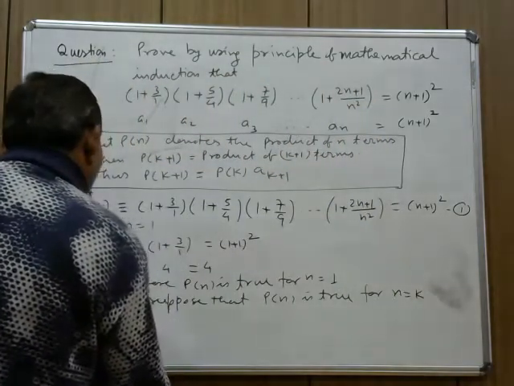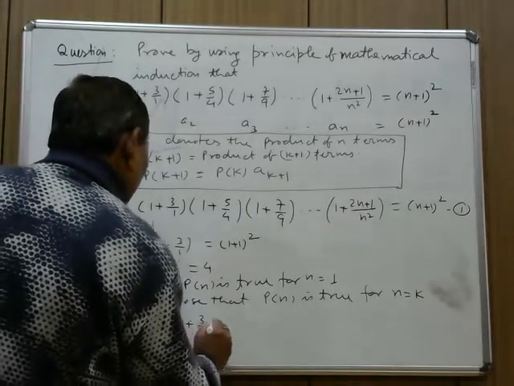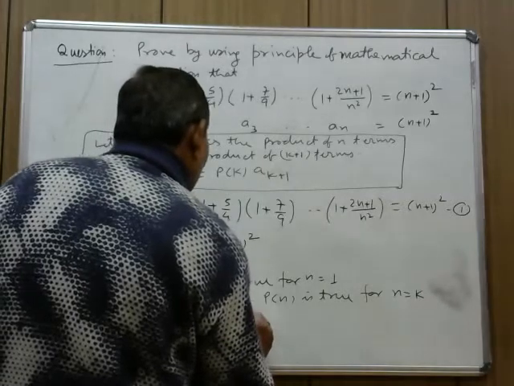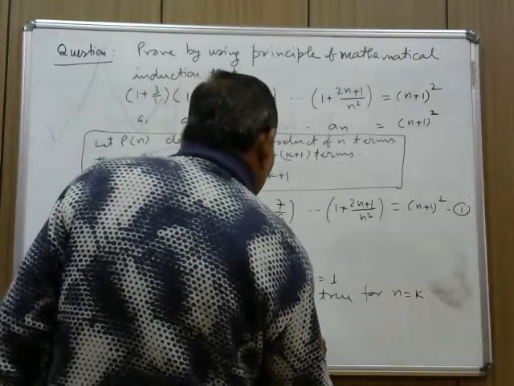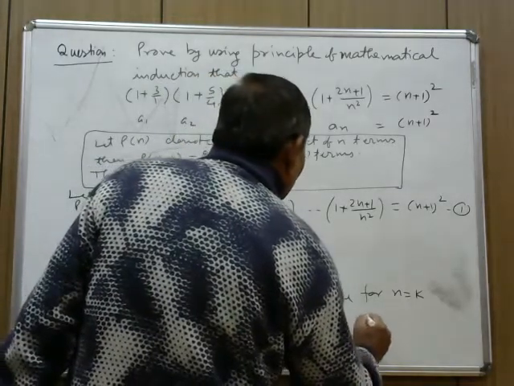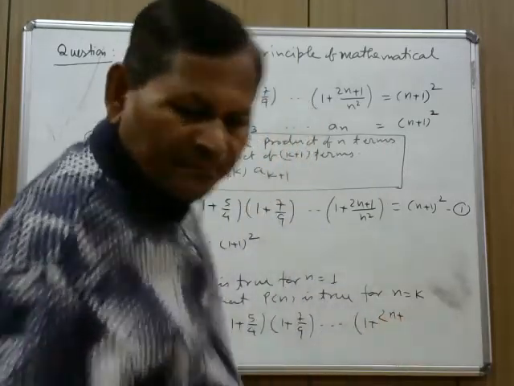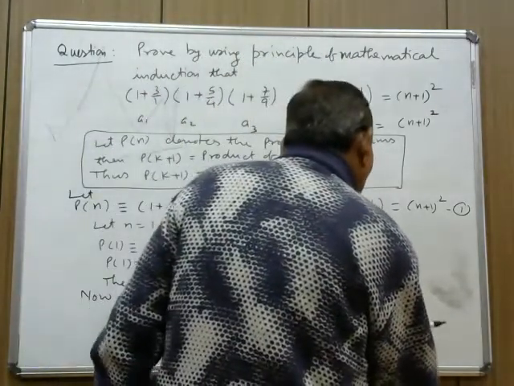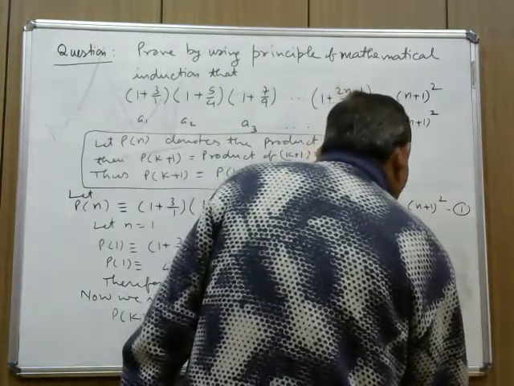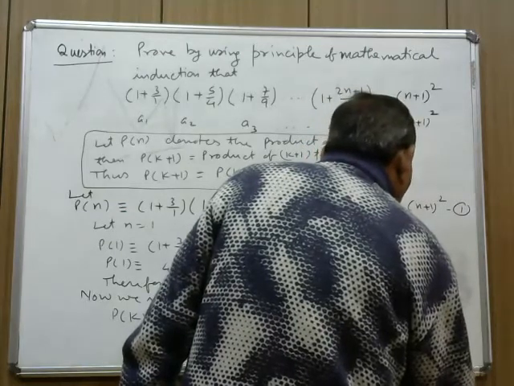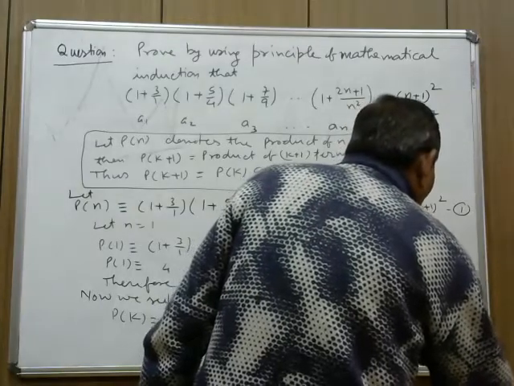You can write P of k as 1 plus 3 upon 1 multiplied by 1 plus 5 upon 4 multiplied by 1 plus 7 upon 9, multiplied by 1 plus 2k plus 1 by k square, is equal to k plus 1 whole square. This is 2.